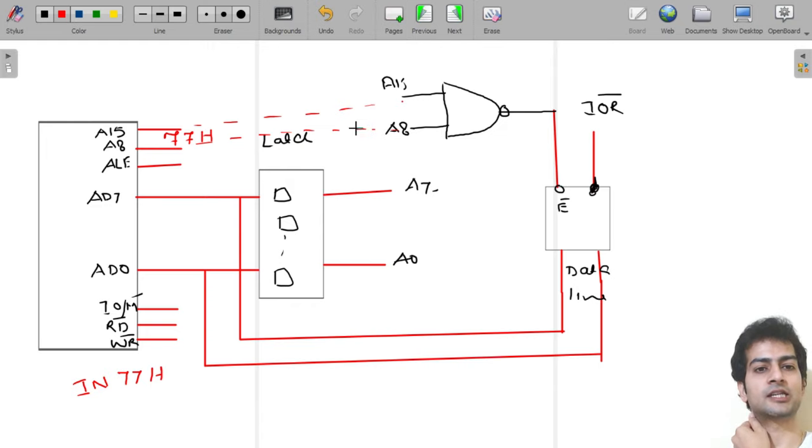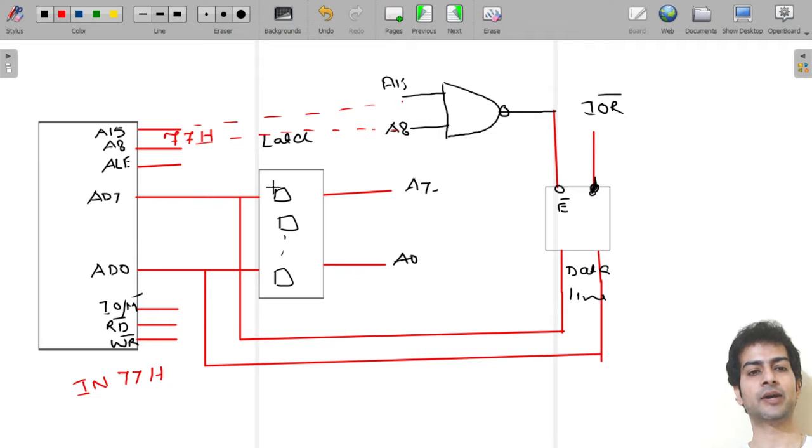This 77H will enable this input device, and the control signals we are already having, right? So the data will be read and will come here. So what will be the benefit of using the higher order address line while dealing with an input output device instead of the lower order address line?